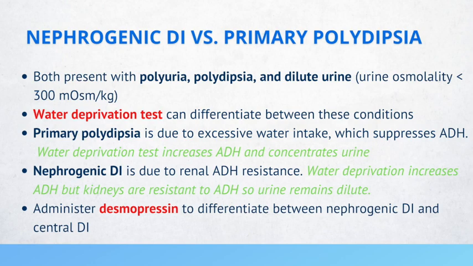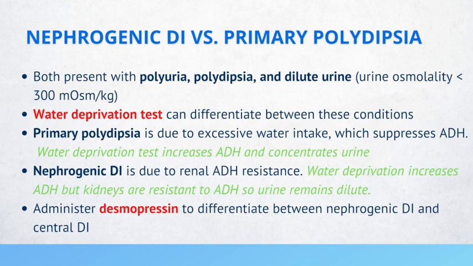What is interesting though is that if you do a water deprivation test and the urine remains dilute, honestly, it could be between nephrogenic diabetes insipidus and central diabetes insipidus. So at this point, you want to administer desmopressin to differentiate between the two. And desmopressin is an ADH analog.